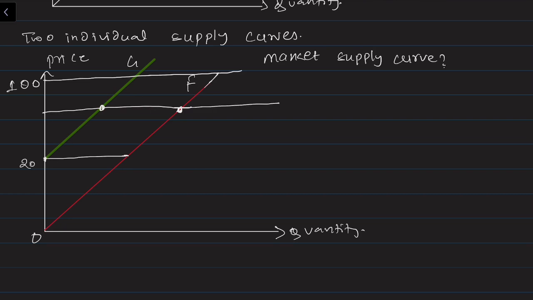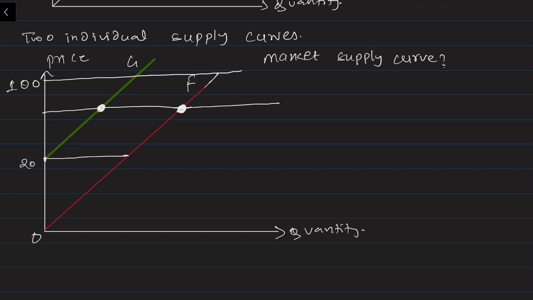And this will be parallel to the horizontal axis because both of these 2 points have the same y coordinates. And to get the market supply curve, we need a point which is the sum of the x coordinates of these 2 points. So we'll basically sum up the x coordinates of these 2 points, and the y coordinate will be the same as these 2 points.